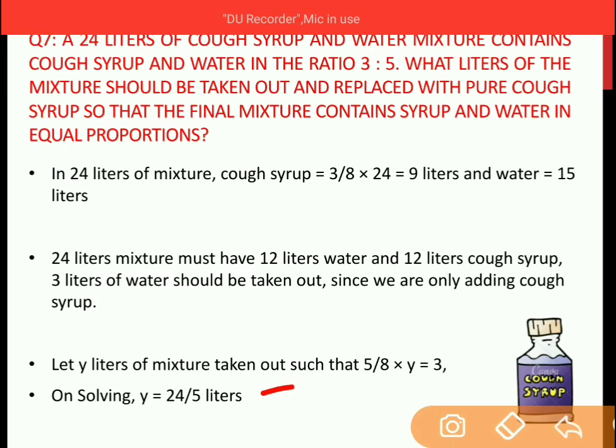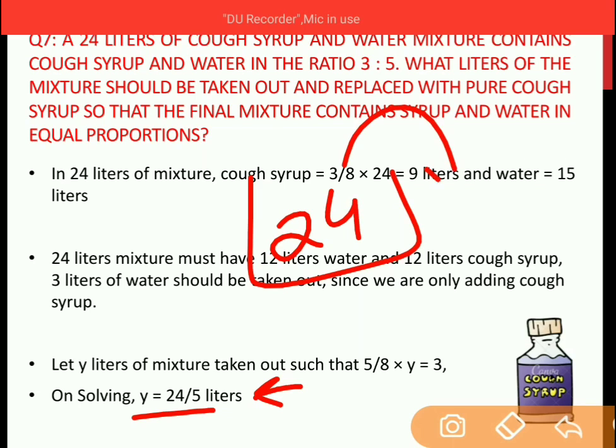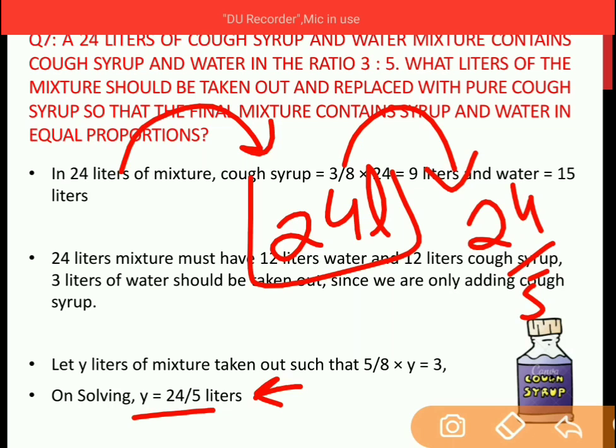So the value of y over here is 24/5 liters. This much amount of mixture will be taken out from this 24 liters of mixture, and the same amount, 24/5 liters of pure cough syrup, will be added.